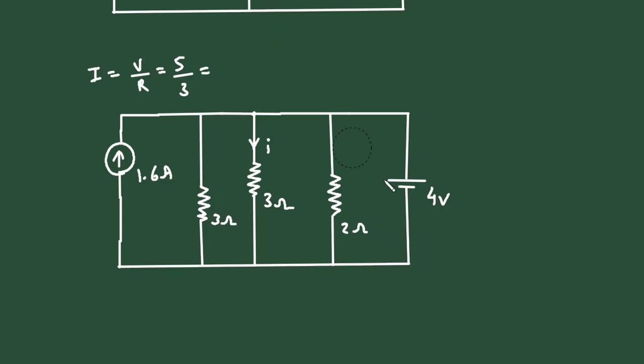Now we convert this voltage source into its equivalent current source, and its direction will be according to the polarity of this voltage source, that is upward, because positive here and negative here. So I is equal to V by R. The V value is 4 and the resistance value is 2, so it will be 2 ampere. We can erase this voltage source now.